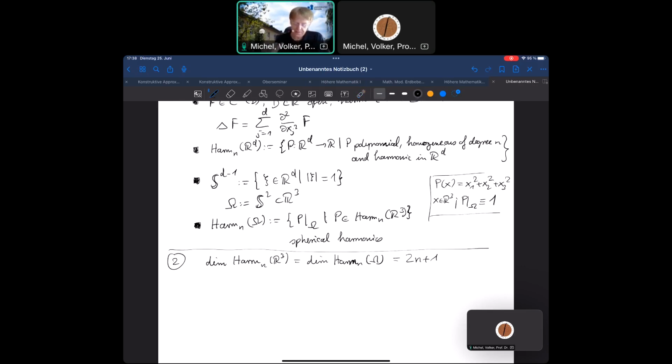So we know now that if we need a basis for Harm(n) in Omega, it's always good to have a basis. If we need it, we know how many functions we need. And now let's assume the following.